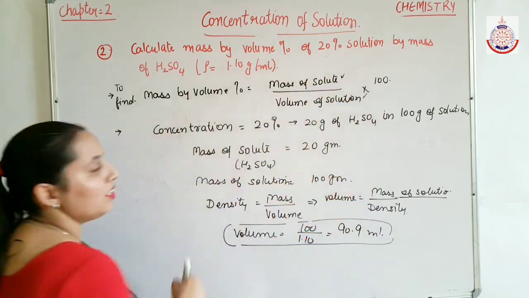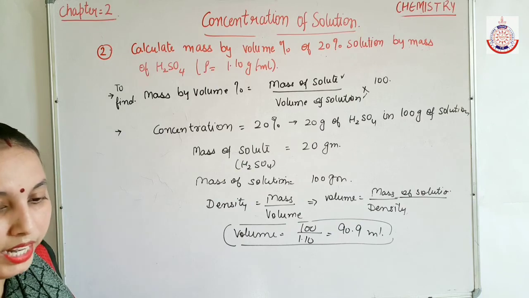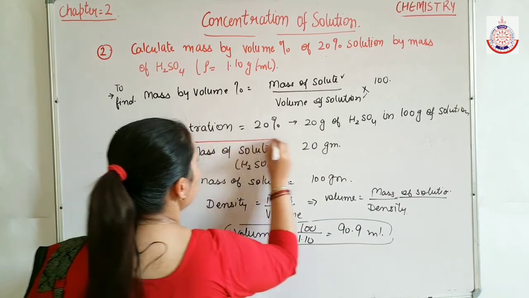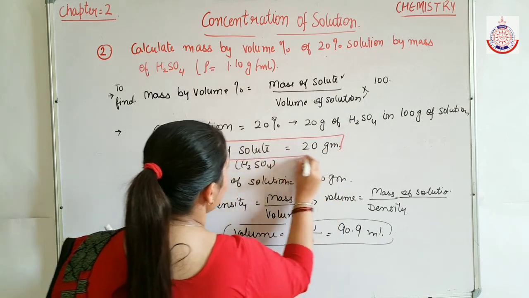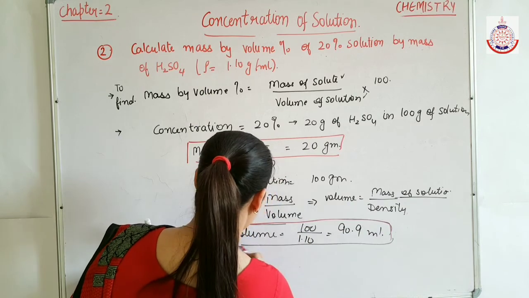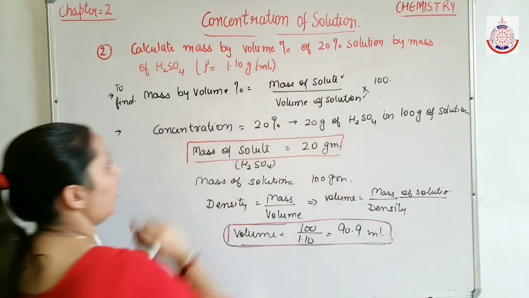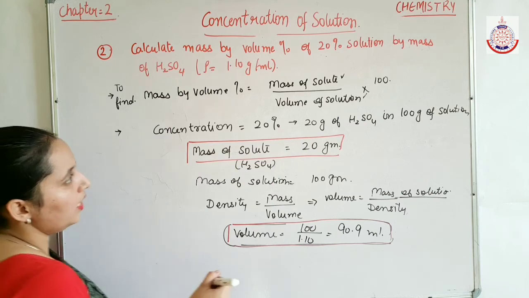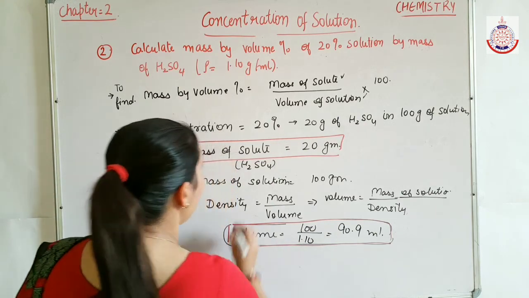I have got the mass of the solution also. We are having the mass of solute, 20 gram, and the volume is 90.9. Now can you find the mass by volume percent? Yes, you can easily find out. Just substitute the values here.